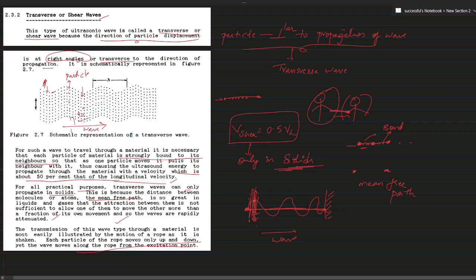Because here you see this is a thread, and at this point the thread is pulling this particle. If there is no strong bond, it cannot pull this, so this will not happen in liquids and gases, and it is not possible for transverse shear waves to travel in them.